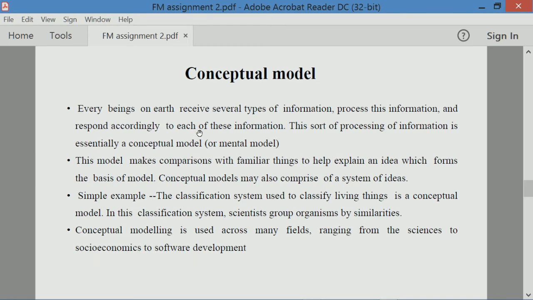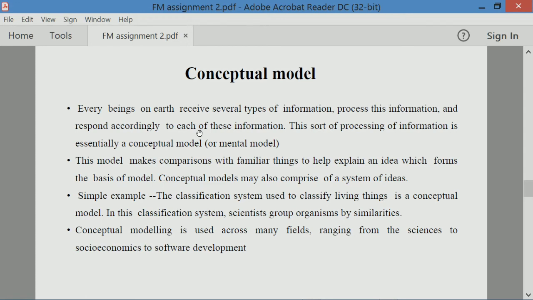This type of classification was used after Darwin's evolution. He predicted various classifications of living beings. So this type of modeling is nothing but thematic modeling or conceptual modeling based on certain concepts.